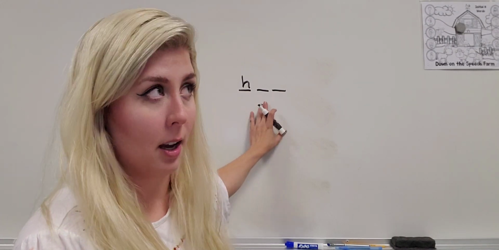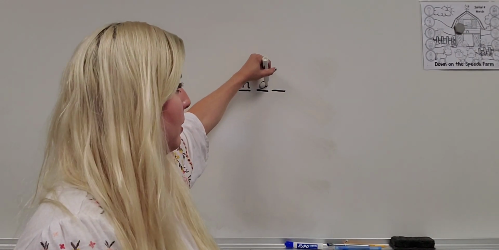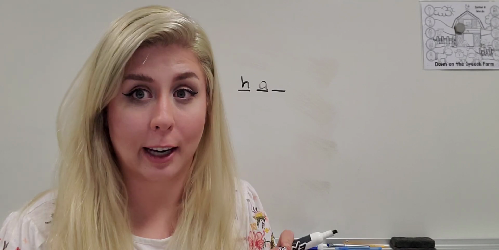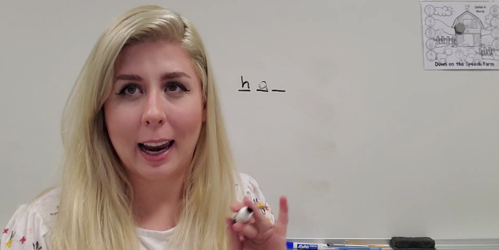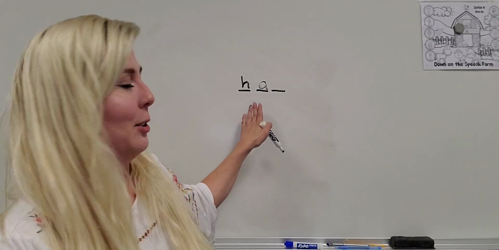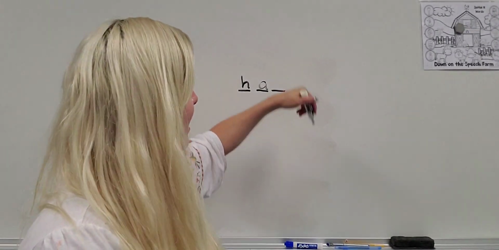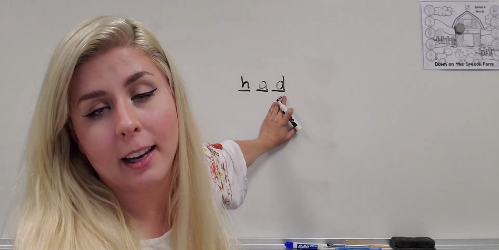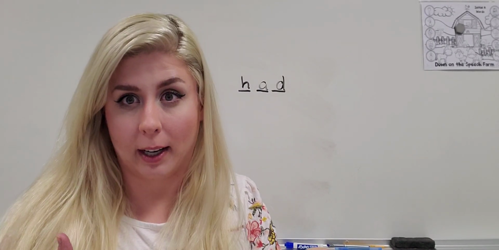So it's H. I usually will give them the vowel because, fun fact, there's like 13 different vowel sounds in English, but only 5 vowel letters in English. So it gets a little complicated. I usually just give them the vowel, ah, and then I give them the next one, and if they have good letter sound recognition, they should be able to give me that.